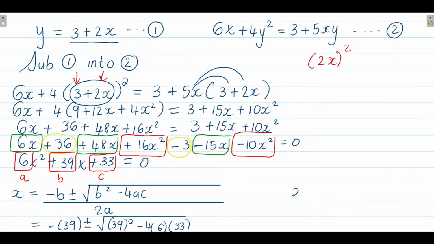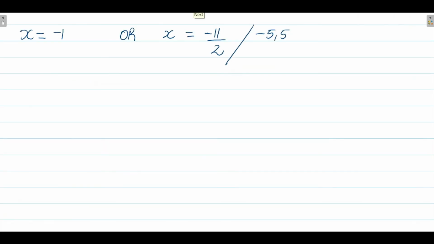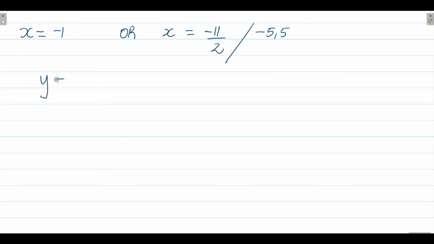Simple, you see. So we're going to take our equation 1. Remember, our equation 1 is y equal to 3 plus 2x, and we are simply going to substitute these x values.